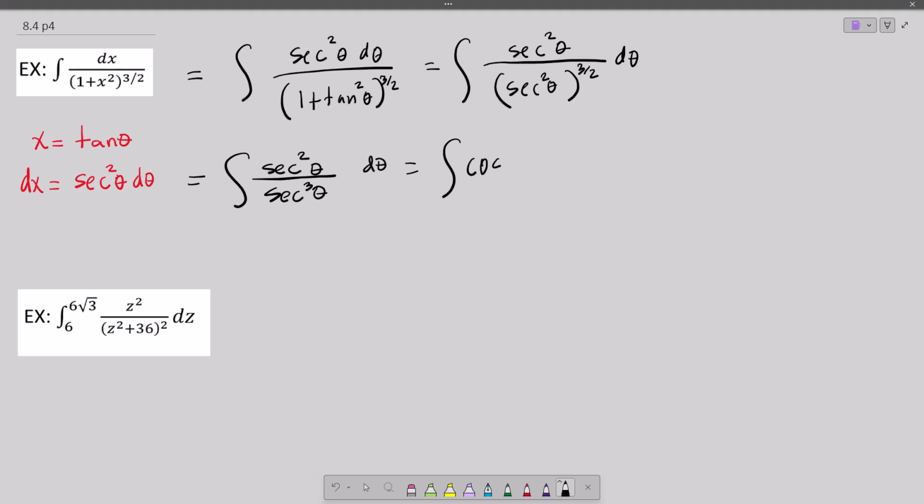Good. Because secant squared over secant cubed is a secant in the bottom, and the reciprocal of secant is cosine. Reciprocal of cosine is secant. This is like the easiest trig sub imaginable. We get sine of theta plus c.